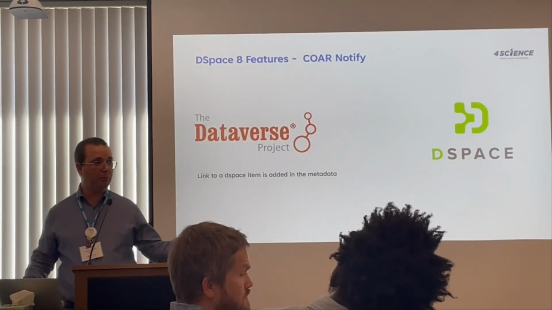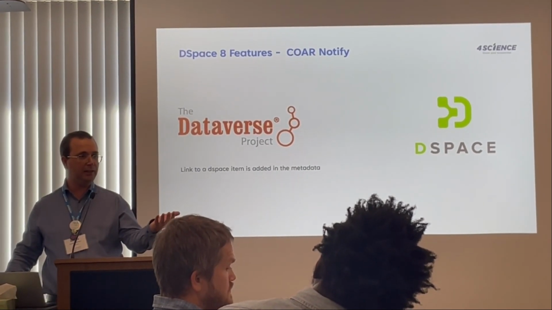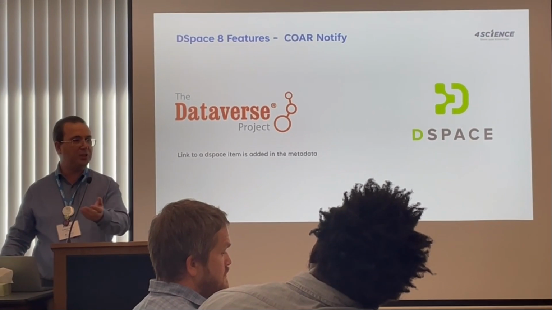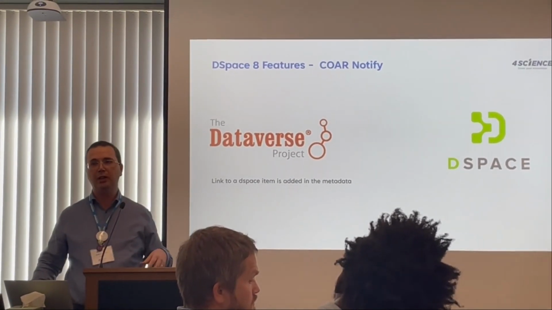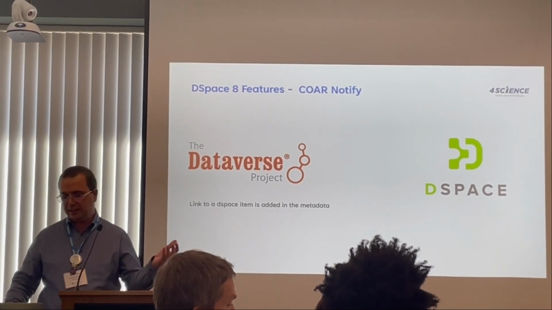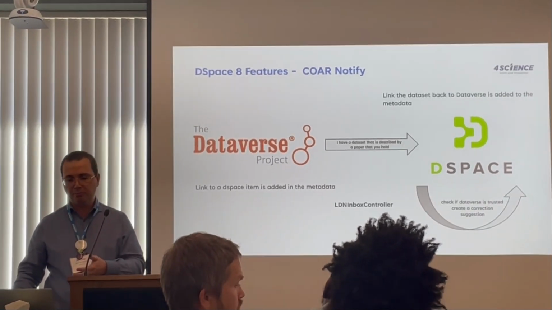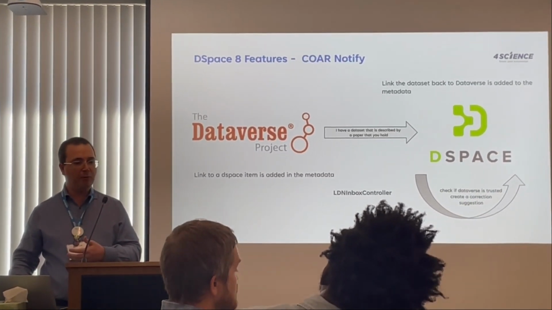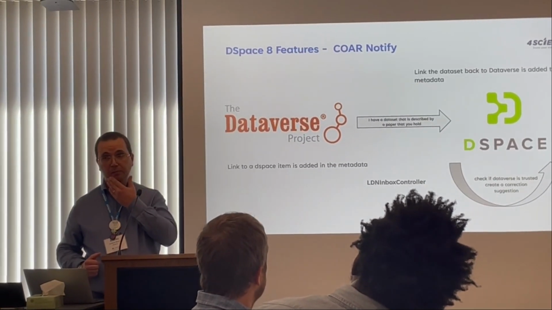So if the workflow starts from Dataverse and your researchers say this dataset uses methodology from this publication that is available in this repository, or is the supplementary material of this publication, Dataverse will send a message to DSpace. DSpace will receive and process this message and will create the link back to Dataverse.